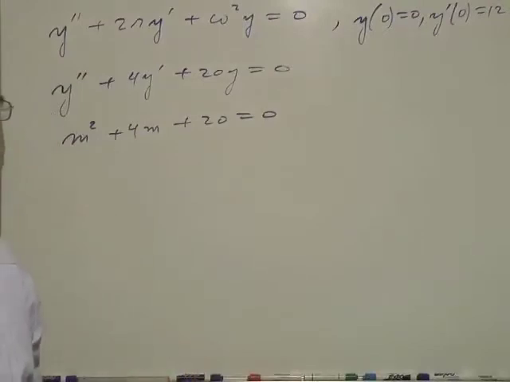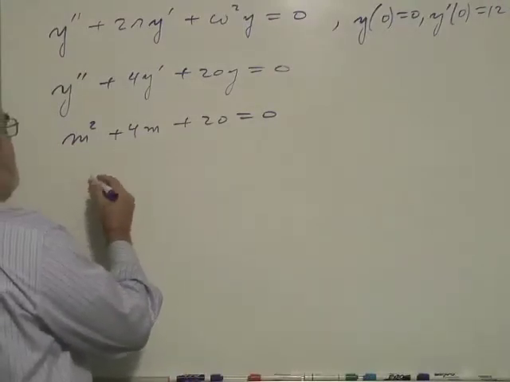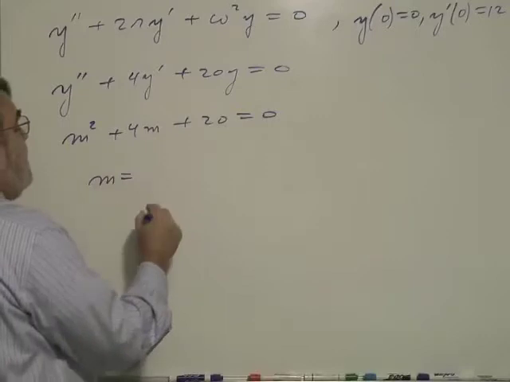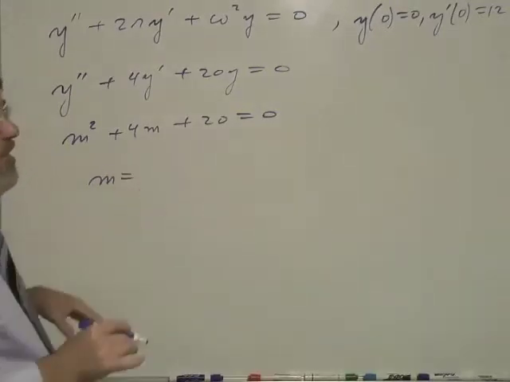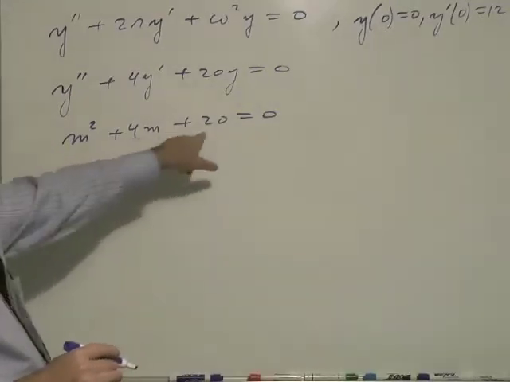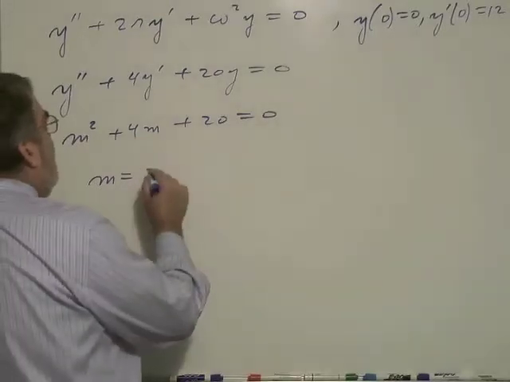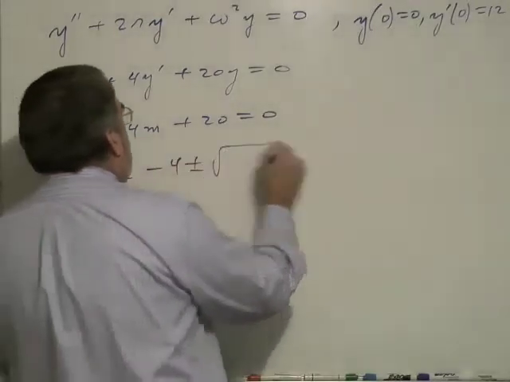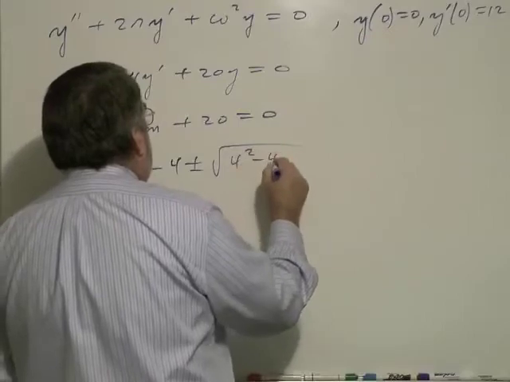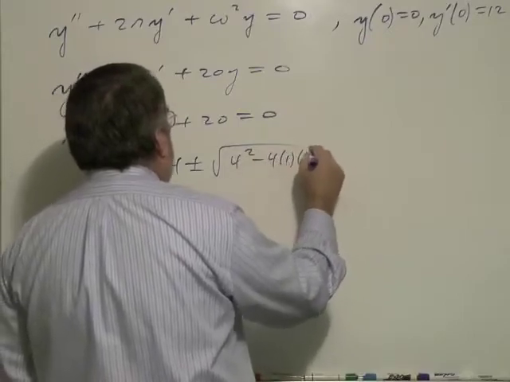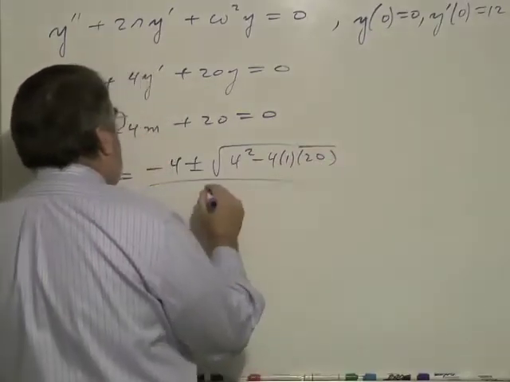Okay, back to this problem. We solved this characteristic equation. m is equal to, I'm going to use the quadratic formula. A is 1, B is 4, C is 20. So m is minus B, plus or minus the square root of B squared minus 4AC, divided by 2A.